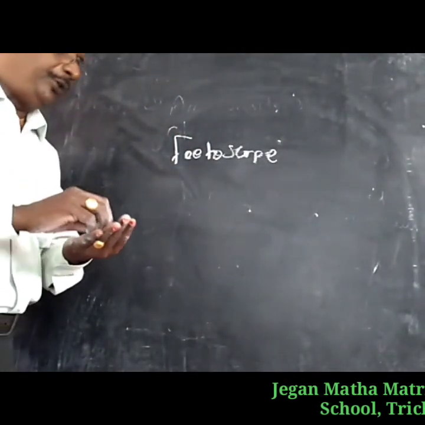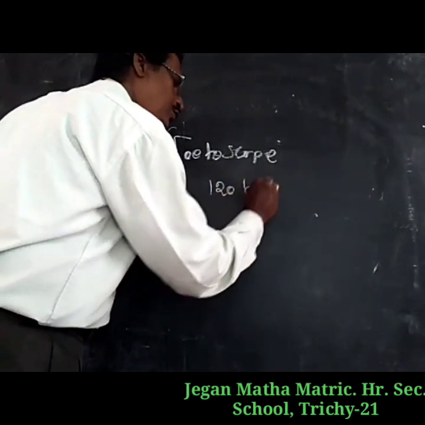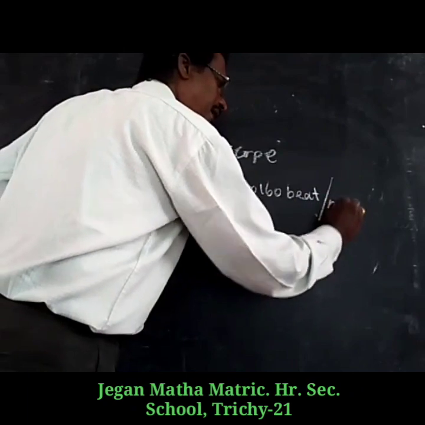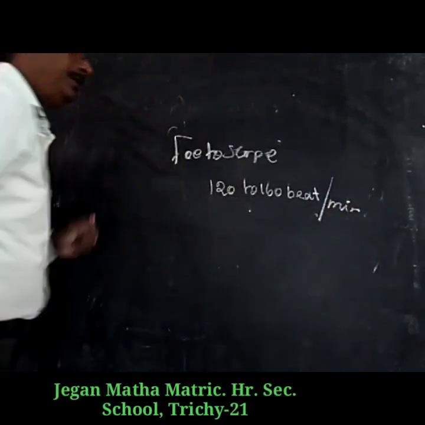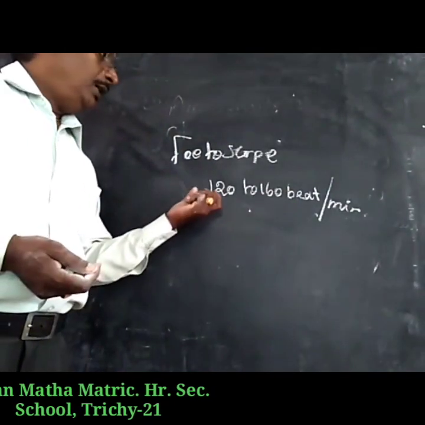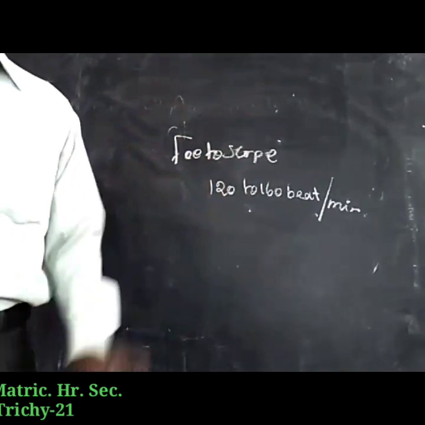The average fetal heartbeat is 120 to 160 beats per minute. So the normal heartbeat of the embryo is 120 to 160 beats per minute.